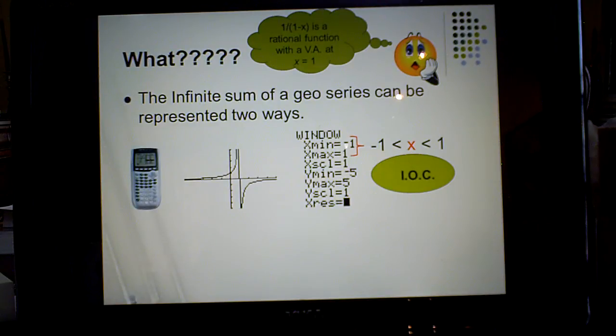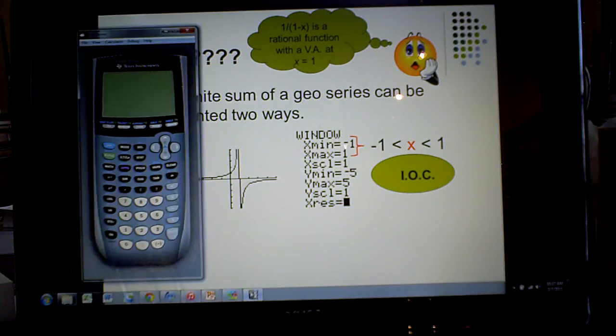So I'm going to switch programs here. And you can see in y1, I've put 1 divided by 1 minus x. And then I've put the first terms of the geometric series in here.